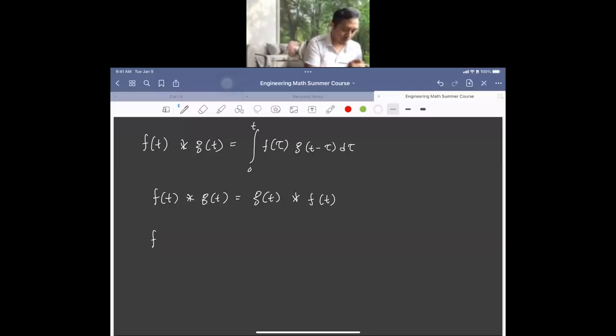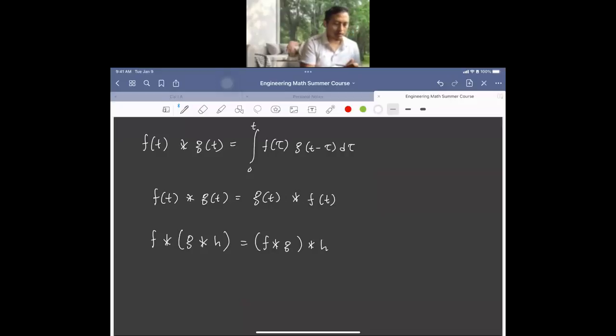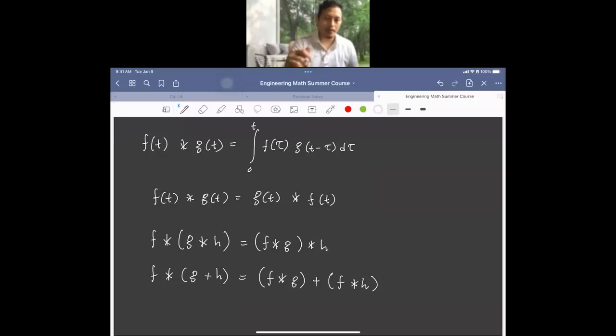And also if you have f convoluted with g convoluted with h, this will be equal to f convoluted with g, convoluted with h. So no matter which part you work on first, the result at the end should be the same. And also if you have g plus h, we can write f convoluted with g plus f convoluted with h.